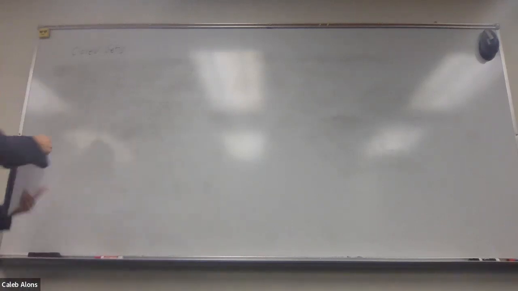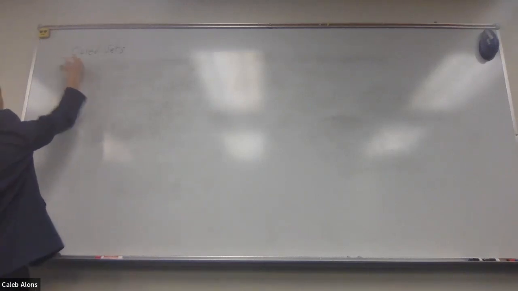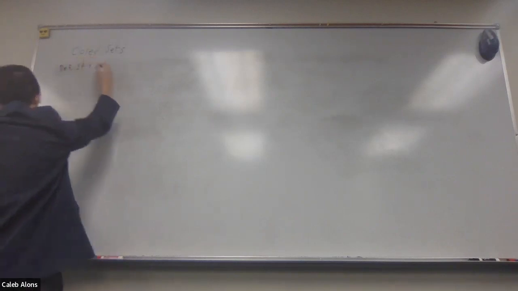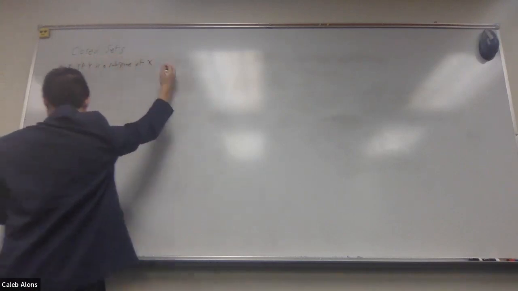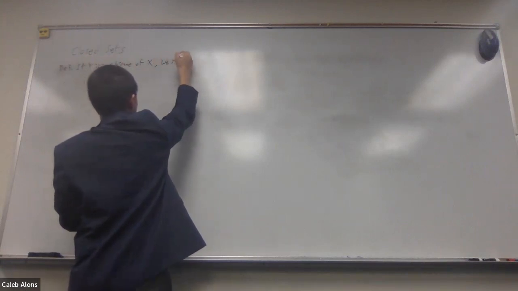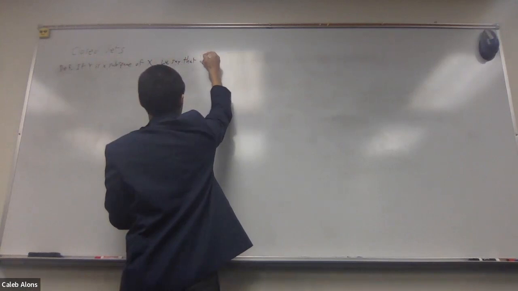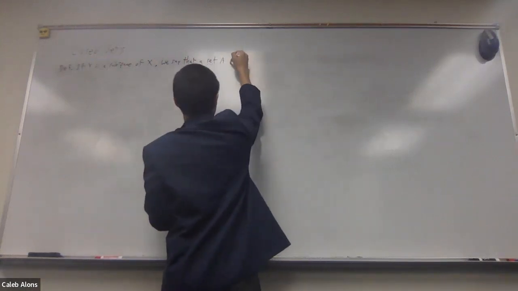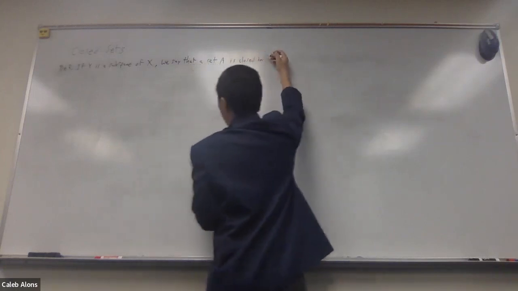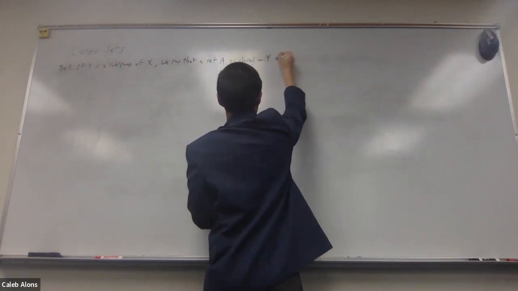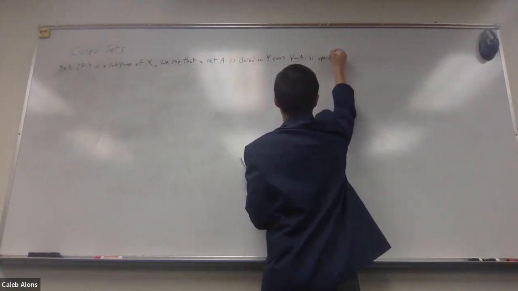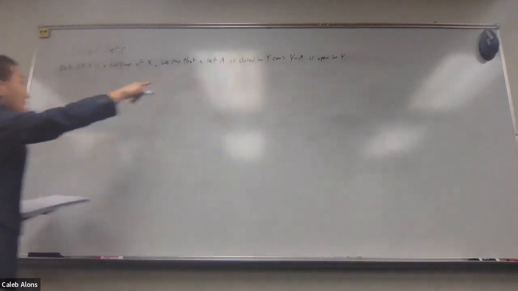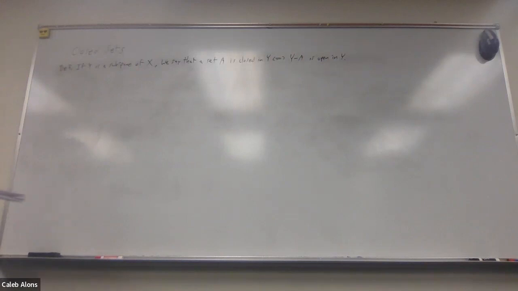So distinguishing the terminology here, specifically, definition: if Y is a subspace of X, we say that a set A is closed in the subspace Y if and only if the complement Y minus A is open in Y. So to distinguish that openness doesn't necessarily pertain to X. It's only relating to the immediate set that it's a subset of.